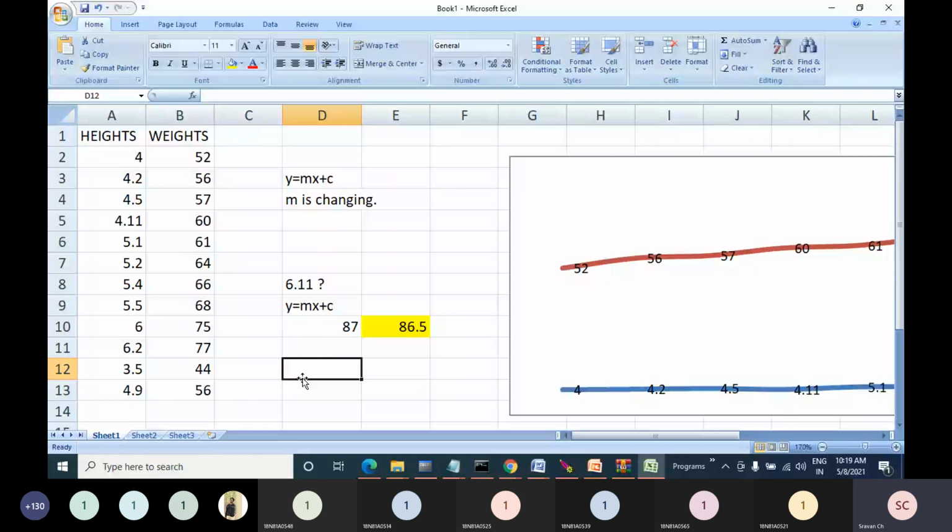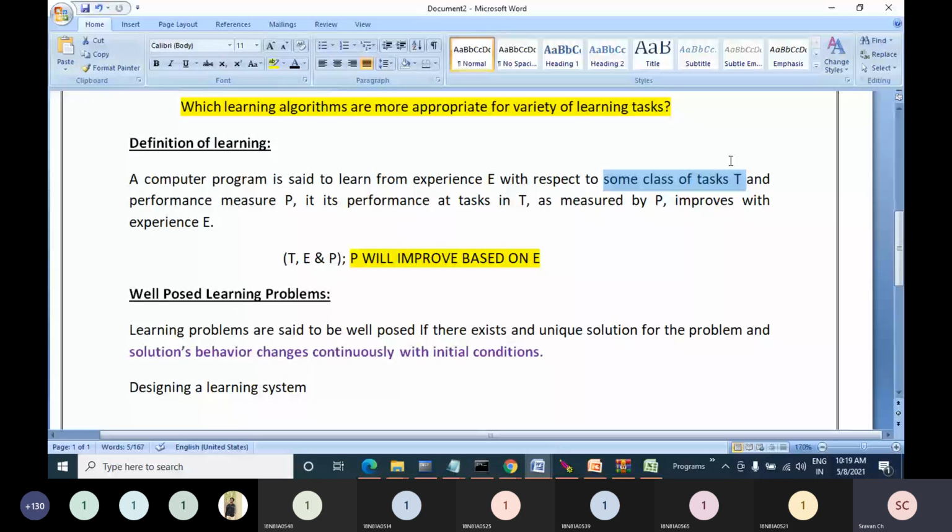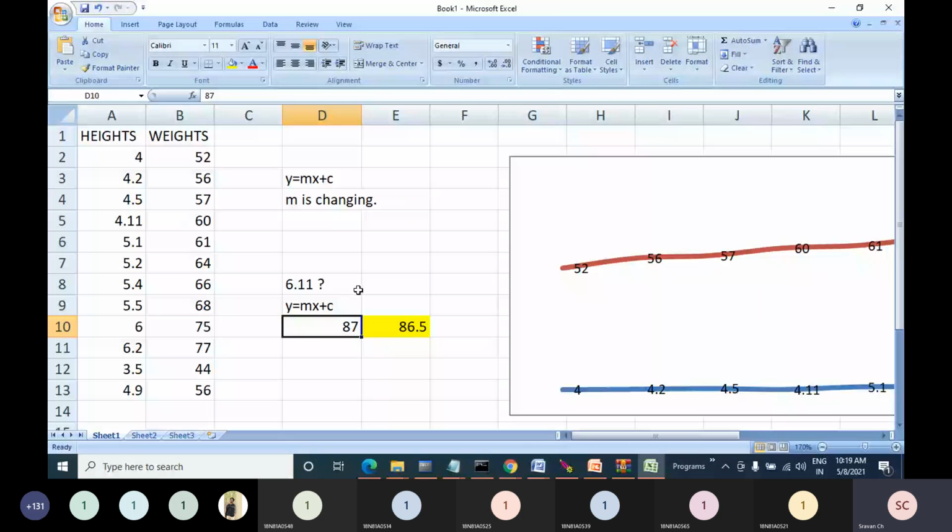E means experience, and then performance measure. Performance measure means, let us say for 6.11 feet, ideally the weight should be 86.5, but my program told 87, right? So it is almost close to the correct answer. To some extent I can accept this, so I can say it is performing well.